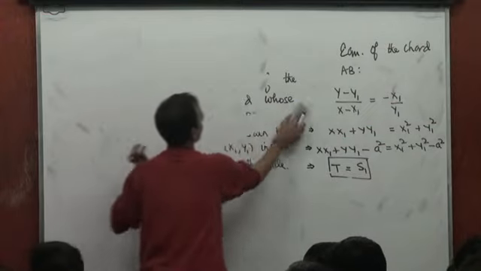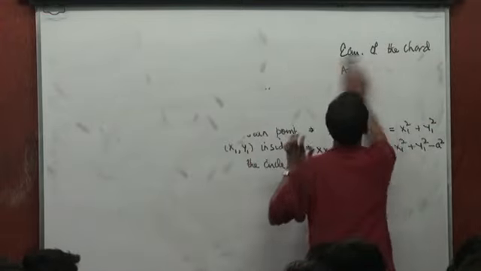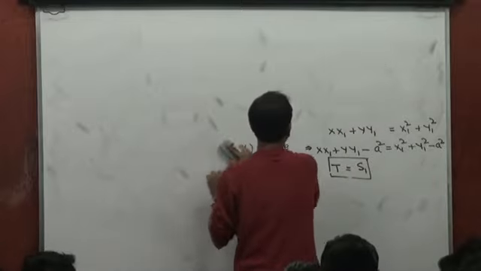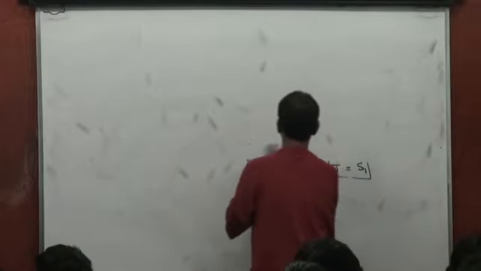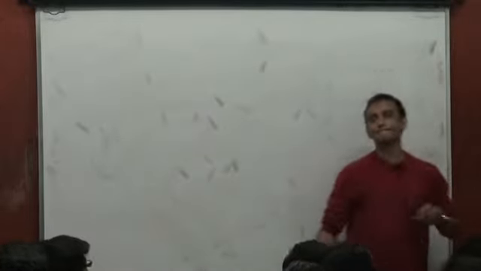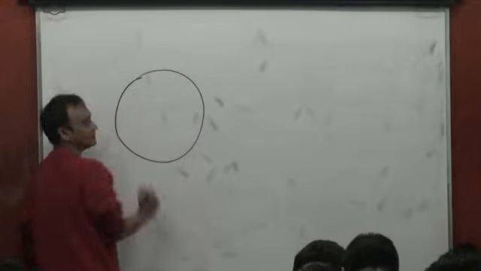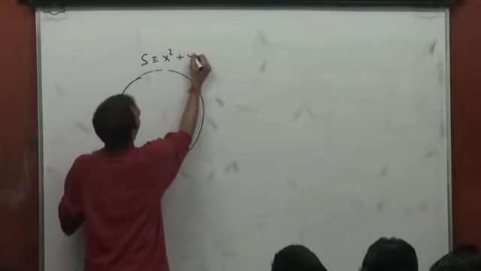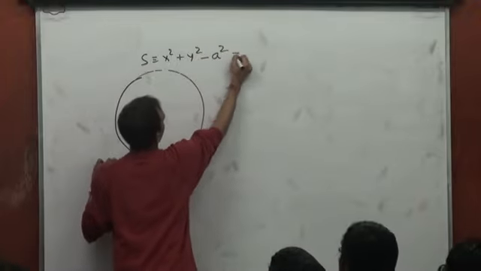Now, say this is a circle S, which is x squared plus y squared minus a squared equal to 0.